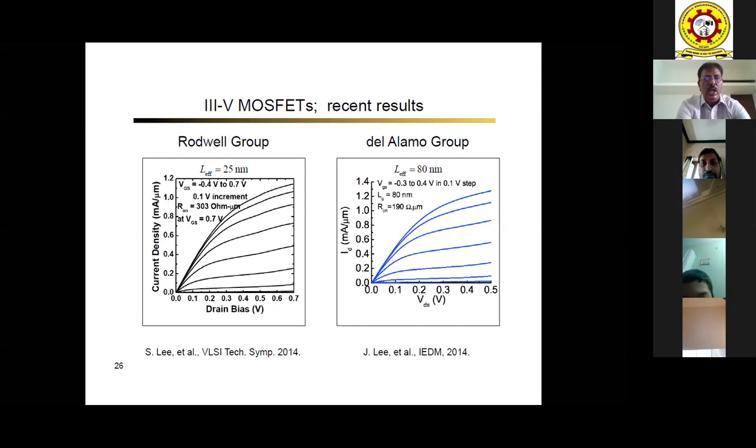And some findings are shown here, and these outputs are shown at 25 nanometers and 80 nanometers, because we should not be able to say my device works very well only at the short channel. That's not our aim, right? The outcome should also work at the long channel level, again at the short channel level. So thereby the findings are shown even at the higher end, 25 nanometers and 80 nanometers as well.